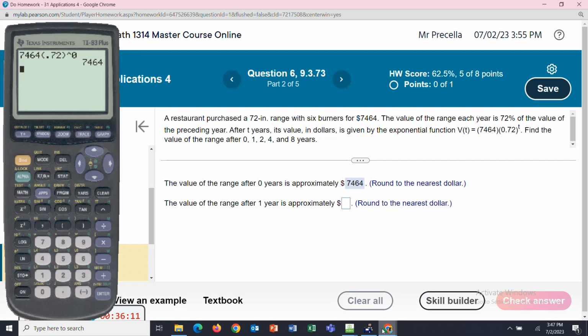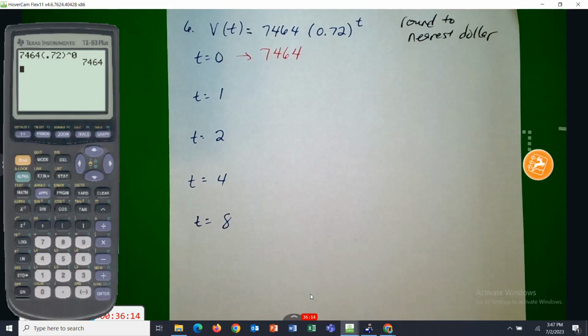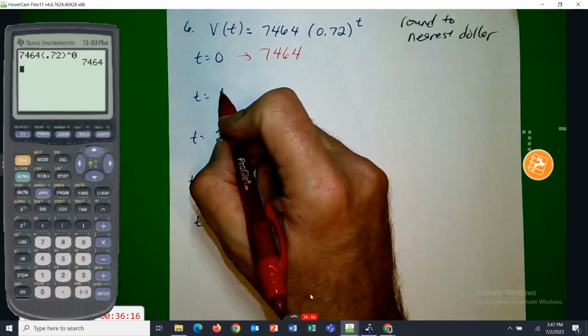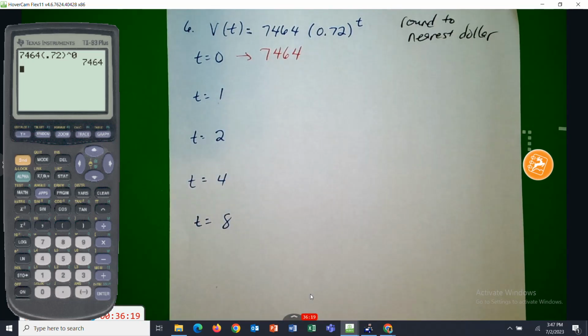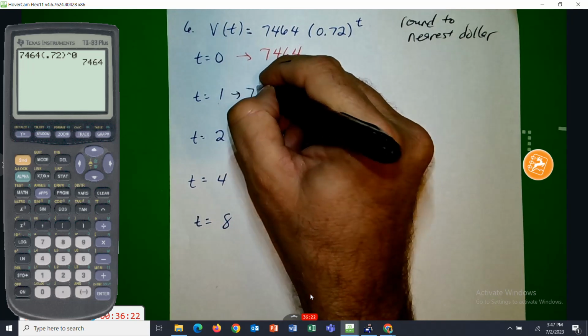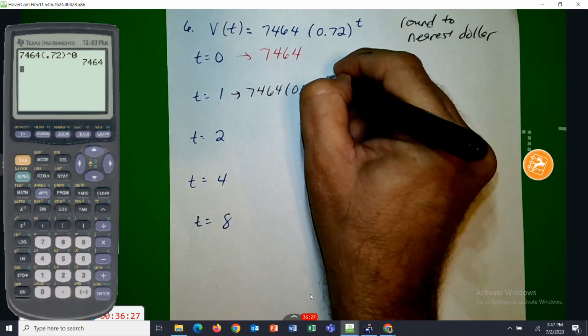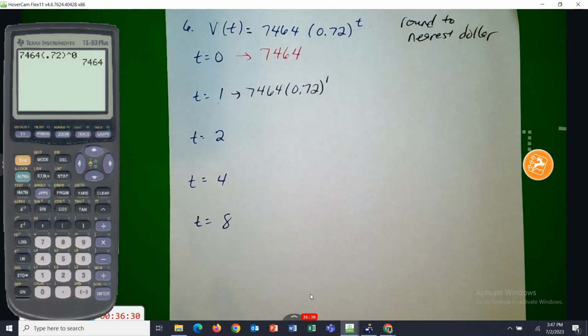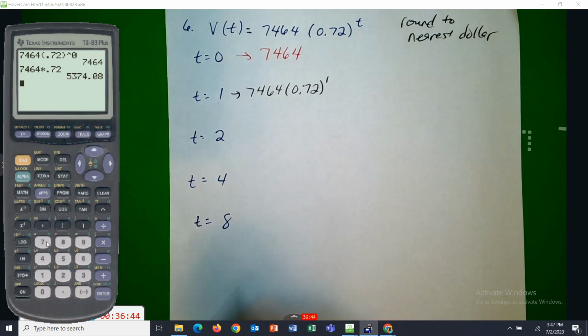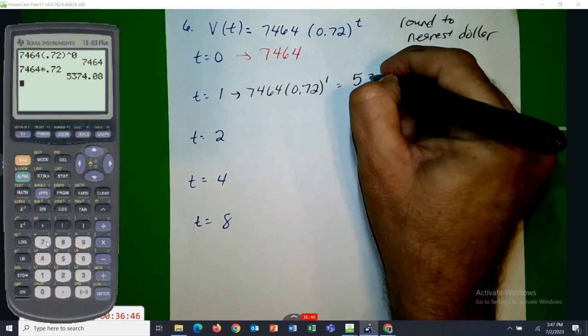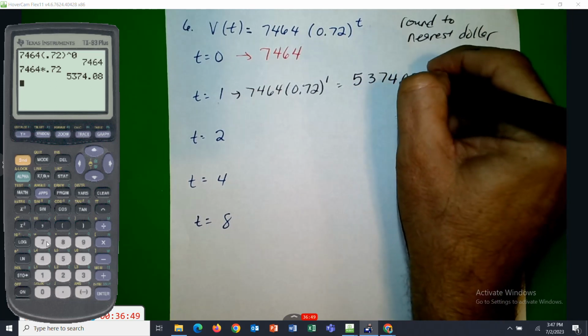So after 1 year, plug a 1 in for t. So we have 7464 times 0.72 to the first power. To the first power, it'll just be 0.72. So really all we have to do is multiply 7464 times 0.72, which is 5374.08.